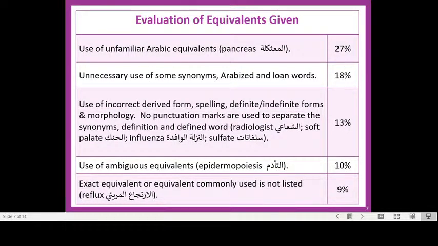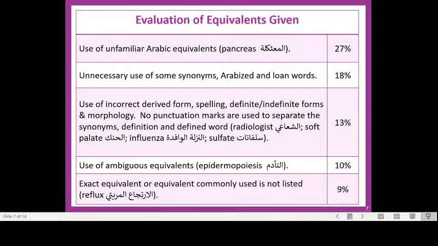Now, evaluation of the equivalence given. In 27%, unfamiliar Arabic equivalents were used, such as al-mu'afkala as an equivalent to pancreas.